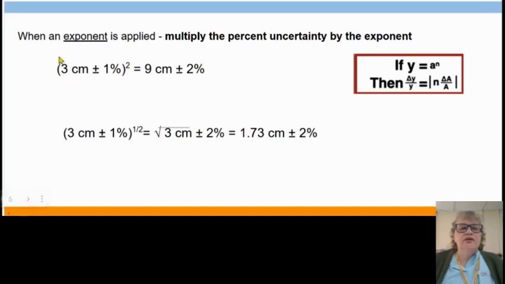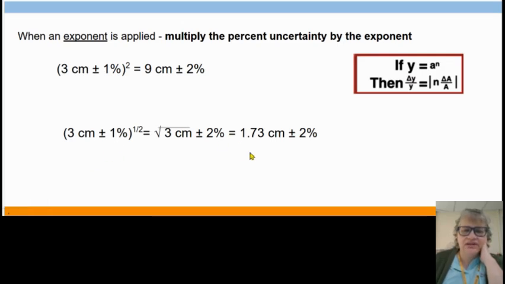So I square that first value, which is 9, and then I just multiply the uncertainty percent by whatever that number is in the exponent.